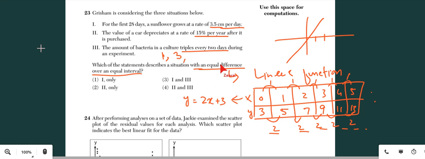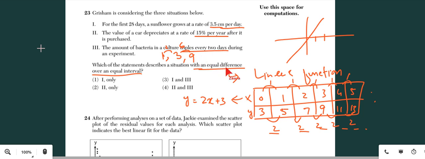Then it will increase by 3 times, and they will turn into 9. So they are increasing by multiples of 3. This is not a linear function. The difference is 2, right now the difference will become 6. Their differences are not the same.